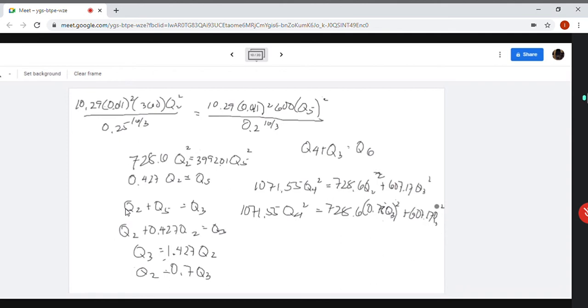Not 0.78, it's 0.7. So 728.6 times 0.7 squared gives 357.014 Q3 squared plus 607.17 Q3 squared.